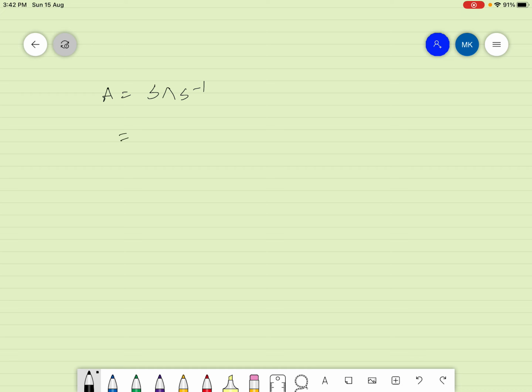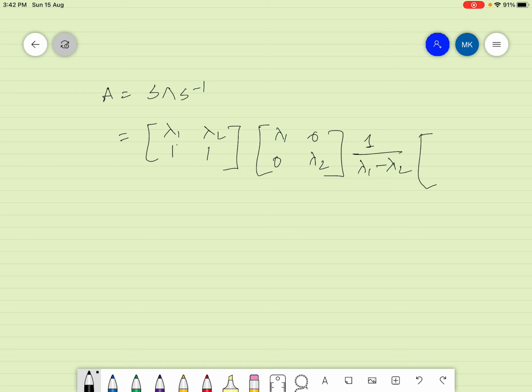So S is basically [[lambda 1, lambda 2], [1, 1]], and lambda is [[lambda 1, 0], [0, lambda 2]], and S inverse is 1 divided by lambda 1 minus lambda 2 times [[1, negative lambda 2], [negative 1, lambda 1]]. I hope this is not incorrect.